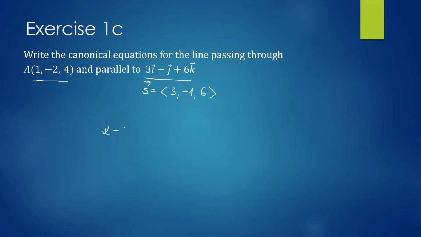X minus 1, y minus negative 2, that's y plus 2, and z minus 4, and now the ratios: we have the coordinates 3, minus 1, 6 for the direction vector of this line. And that's it. So if you have a point and the coordinates of a direction vector, you simply write it down. So writing down the equations of the line is simple if you have the information you need.